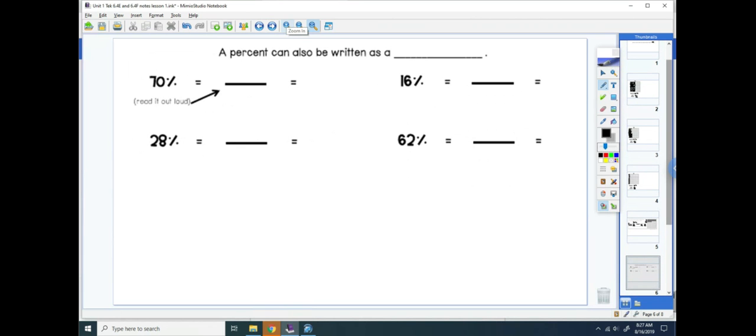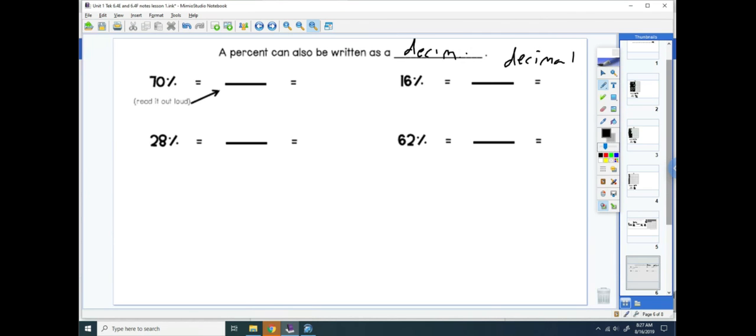So now, percents can be written differently. Percents can also be written as a decimal. Let me write this down here.